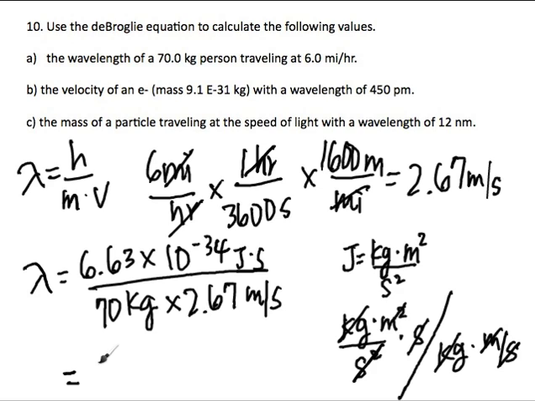Therefore, just using our calculator, we will get 3.6 times 10 to the negative 36 meter.